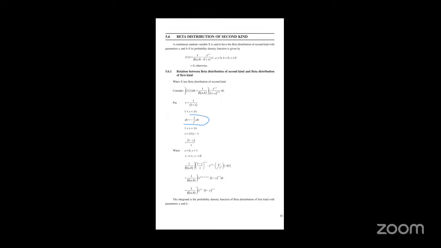In the place of dx, we'll substitute this, and in the place of 1 by 1 plus x, we'll substitute y, and in the place of x, we'll substitute this. So with these three derivations, we are substituting in the main PDF function.